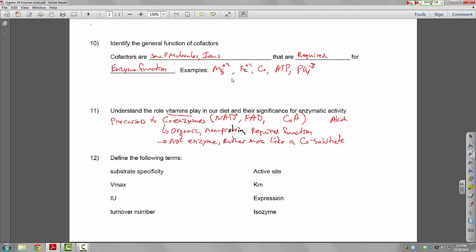Alcohol, I won't write the structure, but alcohol is oxidized to acetaldehyde. It's carried out by this enzyme called alcohol dehydrogenase. We talked about that when we were talking about competitive inhibition and the antidote for ethylene glycol poisoning. Well, this is an oxidation, right? Alcohol converted to an aldehyde, that's an oxidation.